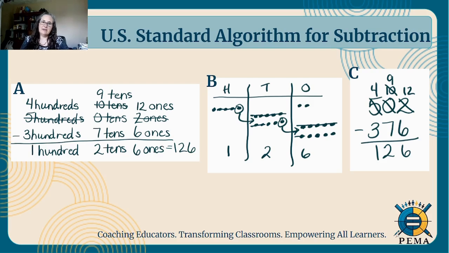When we take one of our hundreds and rename it as 10 tens, that leaves us with 4 hundreds. Then we still need to get more ones. So we're going to take one of those 10 tens and rename it as 10 ones to give us 12 ones instead of 2 ones. And when we do that, instead of having 10 tens, now we have 9 tens.